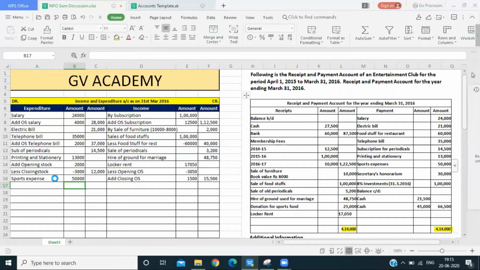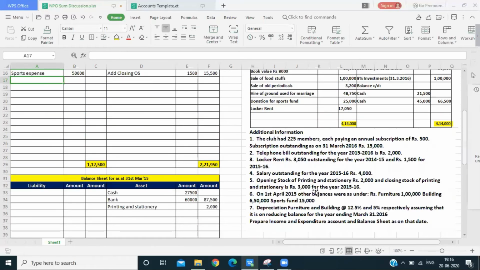So we have an expense of 50,000, and in the current year we have received a donation of rupees 25,000, and there is an opening sports fund of rupees 15,000. So this sports fund will first show in the opening balance sheet. Sports fund is rupees 15,000, which is a liability.